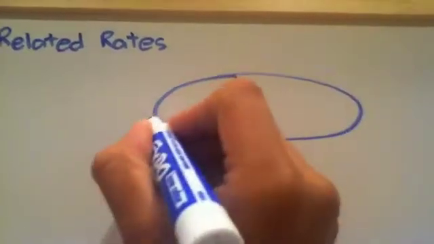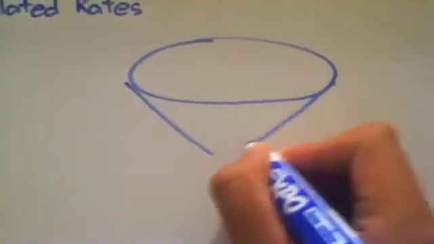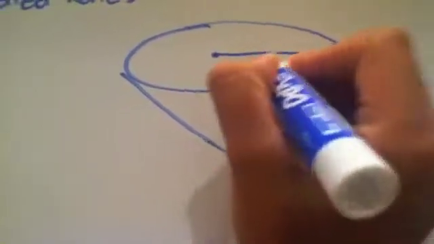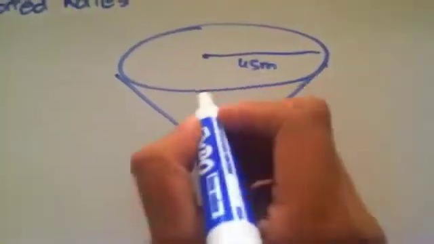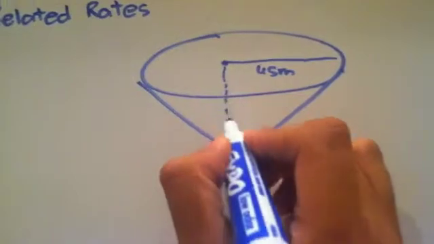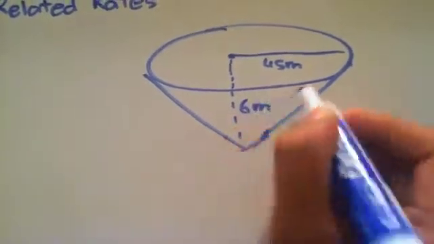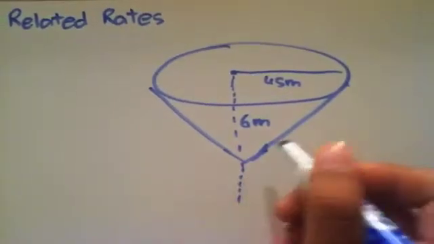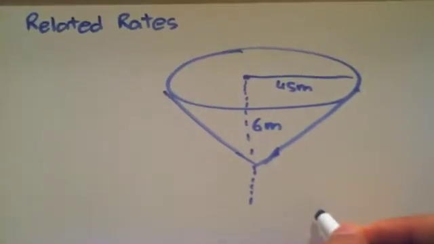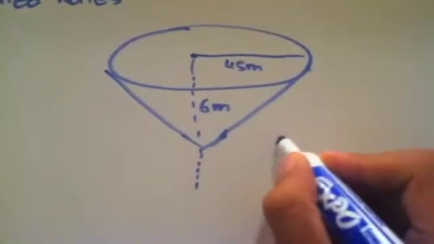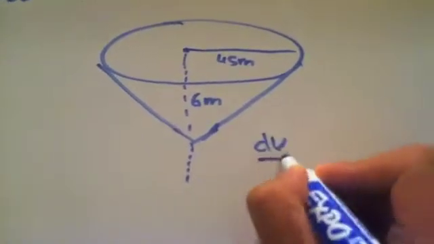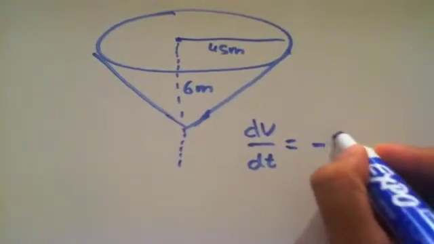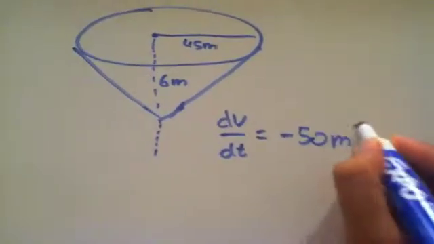The dimensions are radius 45 meters and height 6 meters, and water is flowing out at a rate of 50 meters cubed per minute. So we can say dV over dt is equal to negative 50 meters cubed per minute, since water is flowing out.